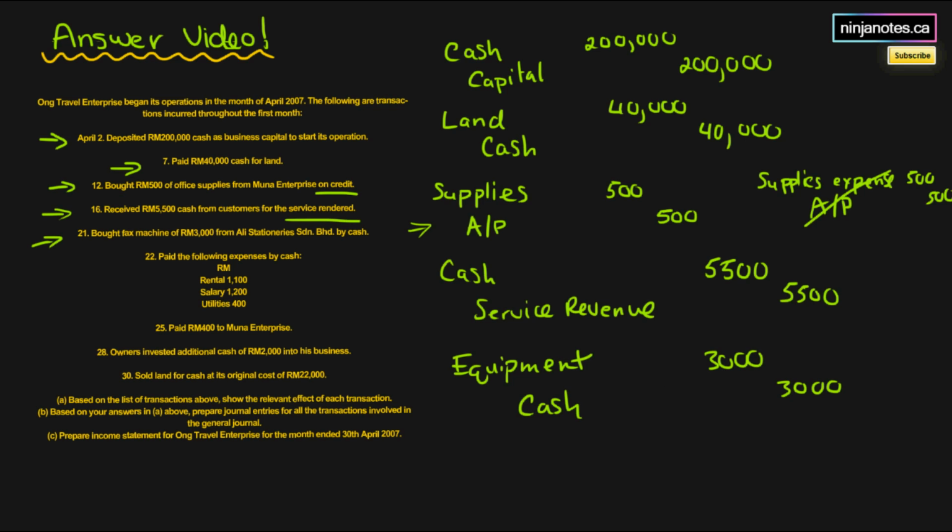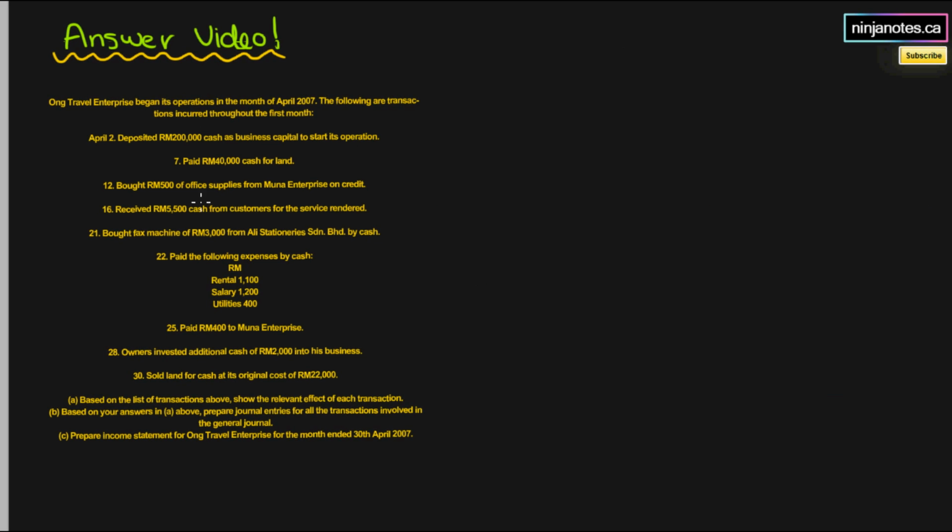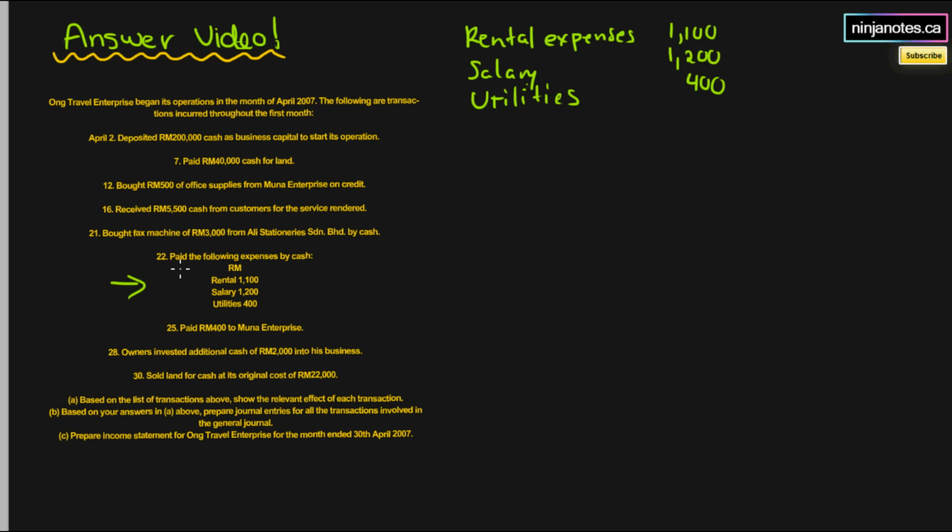The next part, I'm going to have to erase this and use a different layer because I've used up all my space. So we're on to this one, which are the expense entry. And whenever we have expenses that we're trying to increase, we're debiting them. So rental expense, salary, and utilities. And these are all being increased by 1,200, or by their respective amounts that are listed right there, because we've essentially used up our rental.